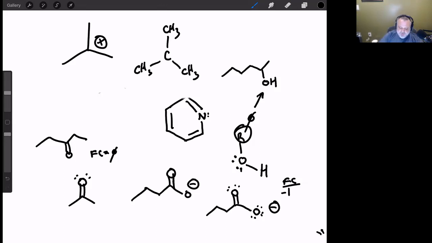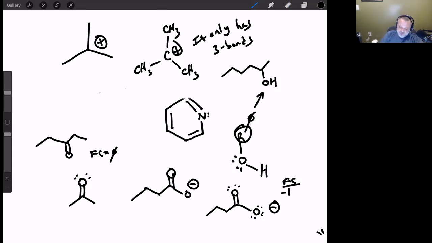Well, how does a carbon get a +1 formal charge? Well, it only has 3 bonds. That's how you get a carbon that's got a cationic charge. In other words, if you see a carbocation, it has 1 less hydrogen than it should.